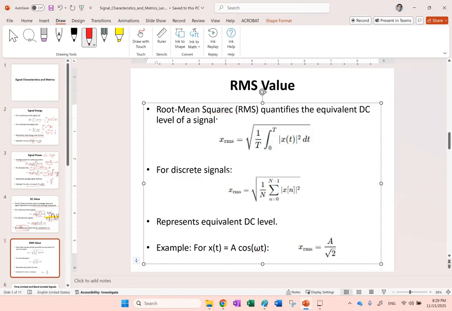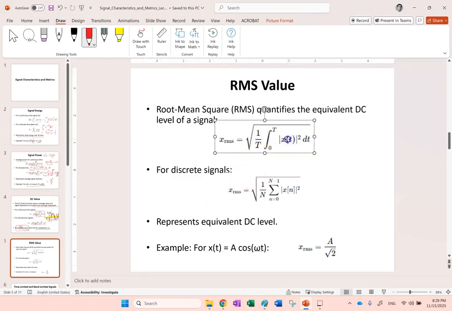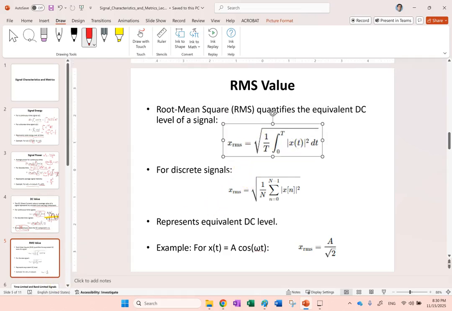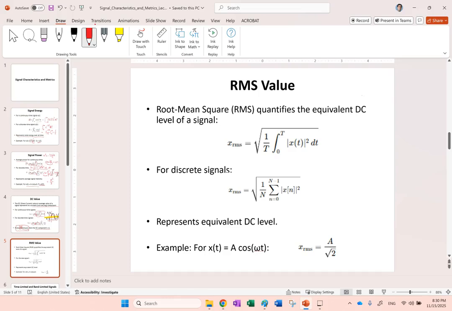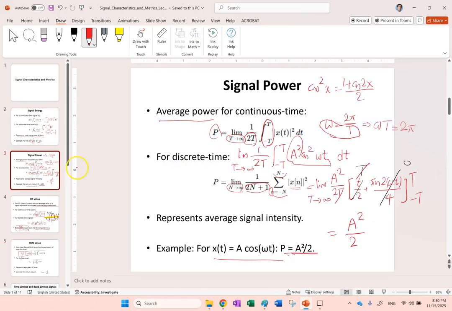So this root mean square basically shows the constant value such that if the signal was a constant signal, if the signal was equal to x RMS and it was a fixed number, the power of this signal that is equal to x RMS is equal to the power of the actual signal, which is basically this guy.